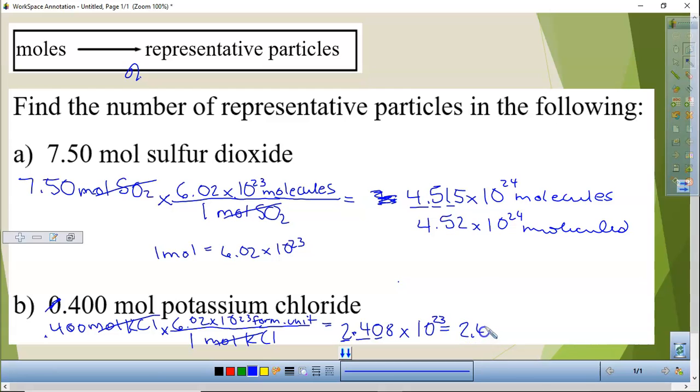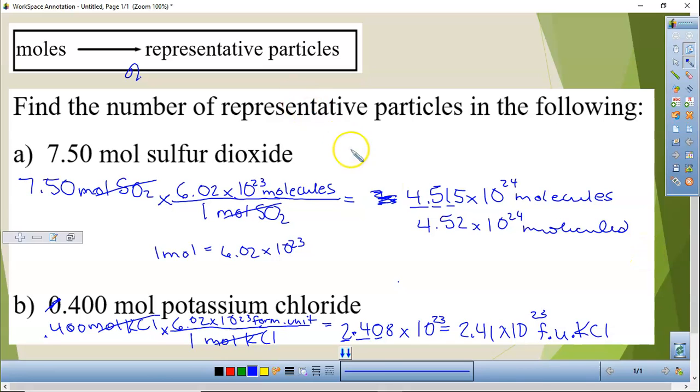It rounds it up. 2.41 times 10 to the 23rd, and it's formula units. We're going to use formula units of KCl. Good? Okay. Alrighty.